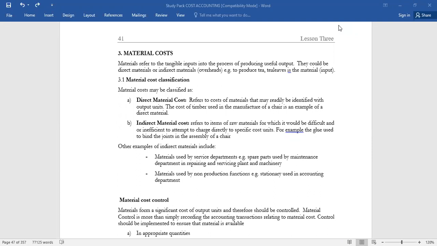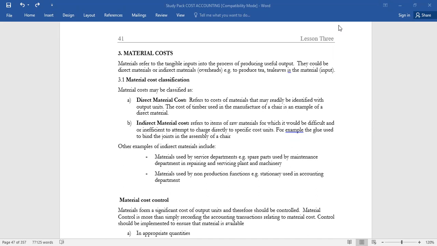You can tell, I used 10 feet, I used 30 feet, etc. Indirect material is what cannot easily be apportioned to that particular table or the furniture that you are producing. And a good example is the glue. So you will buy glue in liters, that when you come to apportioning, you may use just a slight fraction of the glue out of the liter to a certain furniture item.